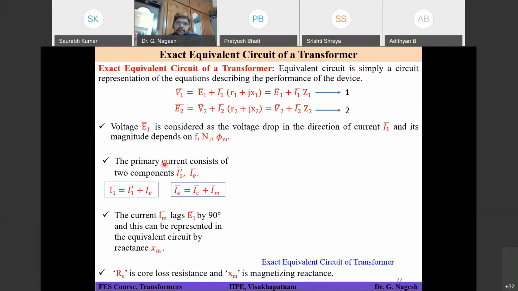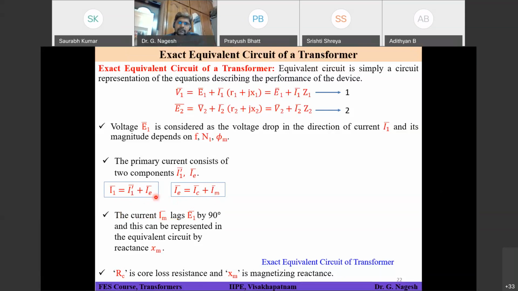The primary current when the load is connected is I1 equals I1 dash plus IE. IE is the excitation current and I1 dash is the load component of primary current. IE can be resolved into IC and IM. IC represents the core losses, IM represents the magnetizing current. These we have all seen.